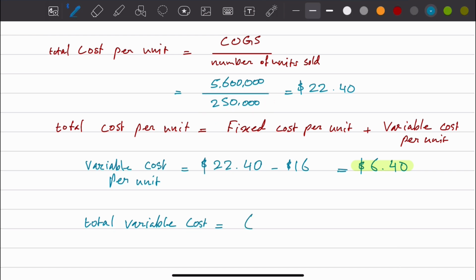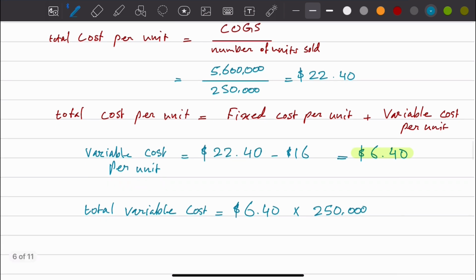So that's going to be $6.40 multiplied by 250,000 units, watches in this case. 250,000 multiplied by 6.40, and that is 1,600,000. And this is the total variable cost, the second requirement of the question.